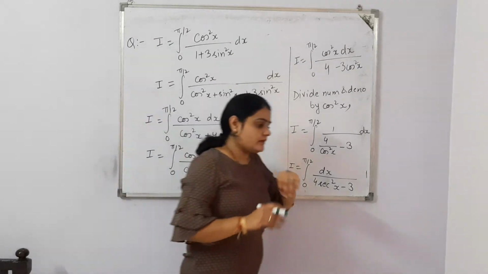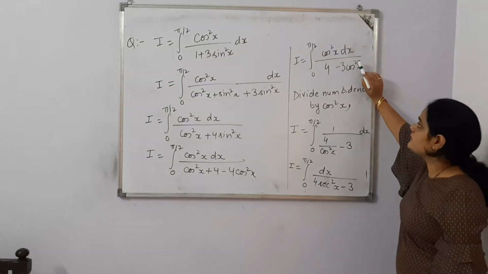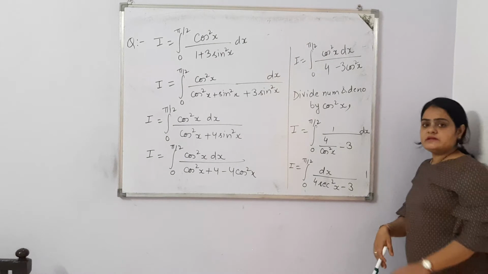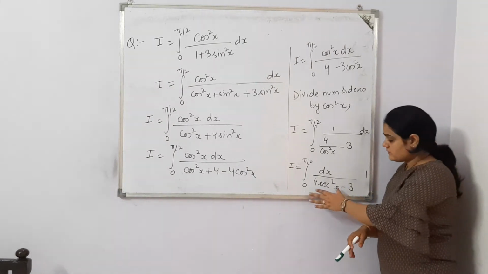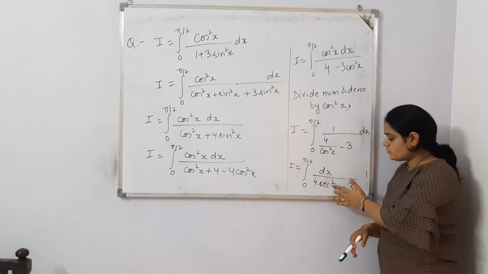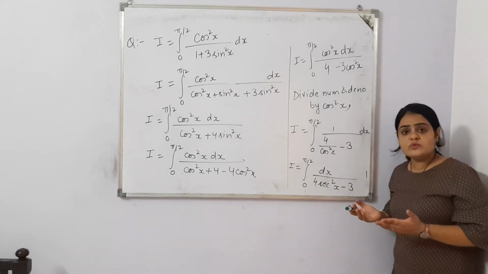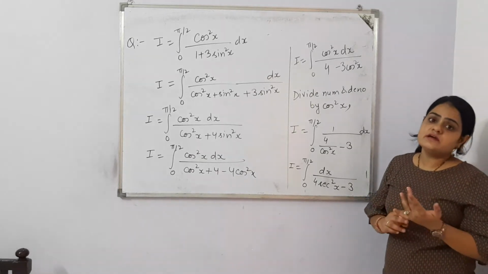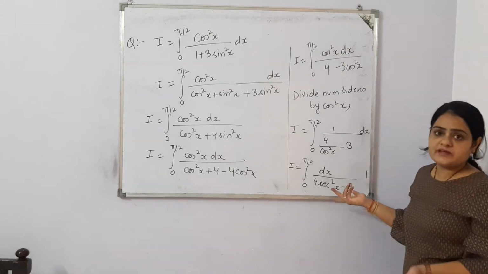Now if we are not applying the cos square formula, cos square is 1 plus cos 2x divided by 2, we are reaching this very step. But here the formula is not applicable, because it is 1 upon 4 secant square x minus 3. Neither an integration formula, nor a trigonometric formula, nor even an arithmetic formula is applicable here. So we cannot do anything.